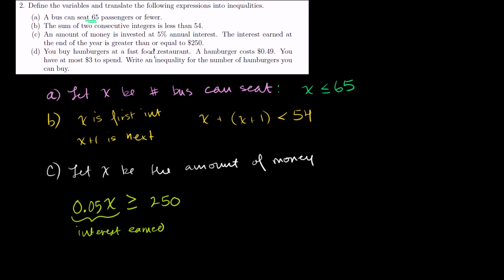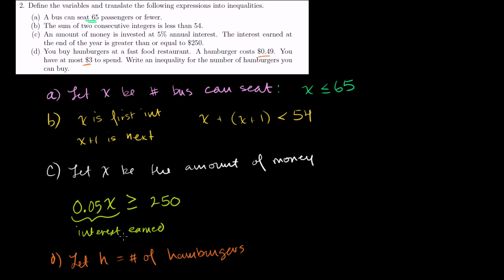So that's what we did. We set up the problem into an inequality. And part D. You buy hamburgers at a fast food restaurant. A hamburger costs 49 cents. You have at most $3 to spend. Write an inequality for the number of hamburgers you can buy. So let's change the letters. Let h be equal to the number of hamburgers.